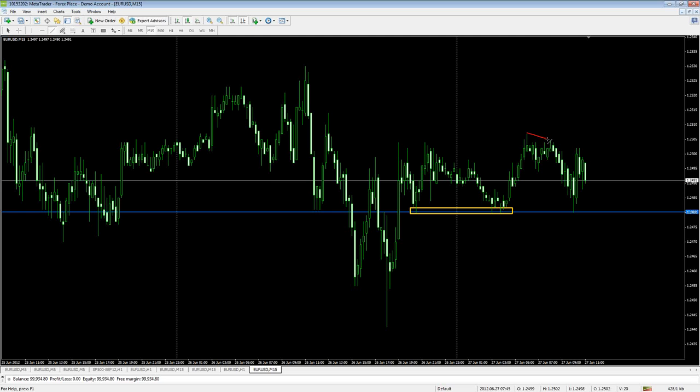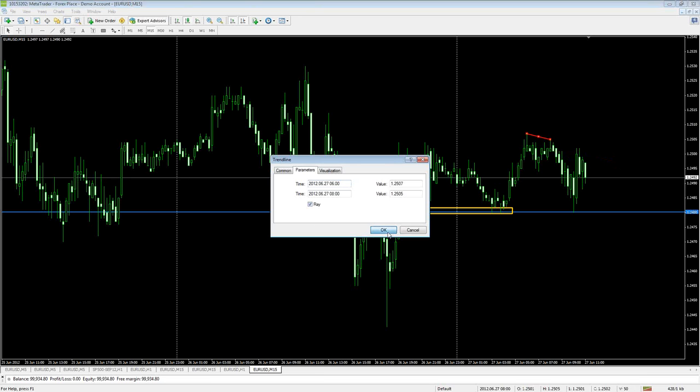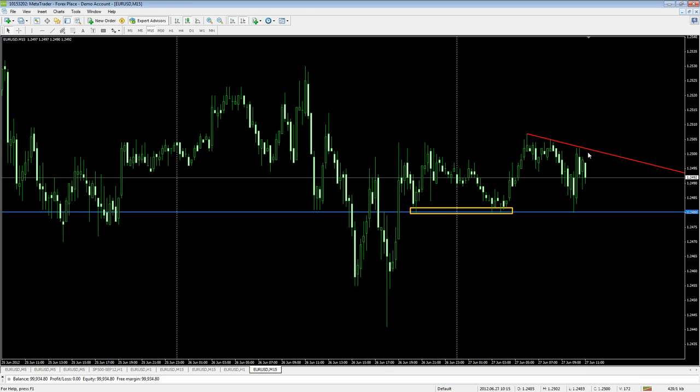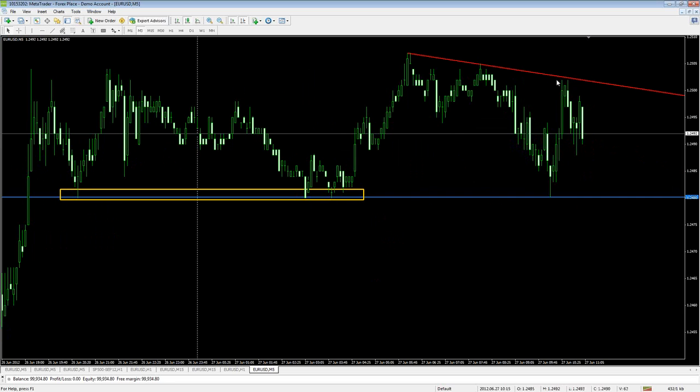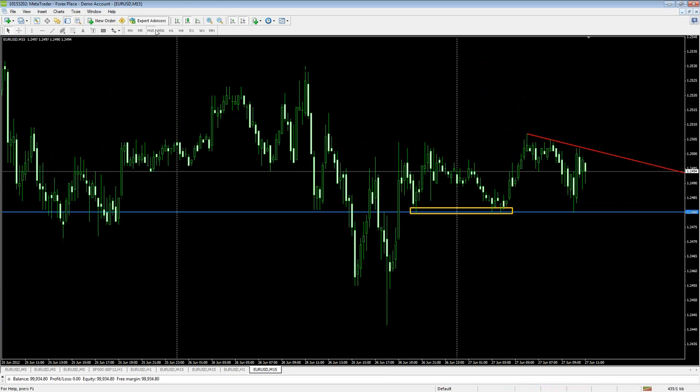It stopped near this trend line, this resistance line. It reached almost this resistance line and made a double top here, or two candles like a tweezer, and went down. So you can see the strong price action, or the strong support line.